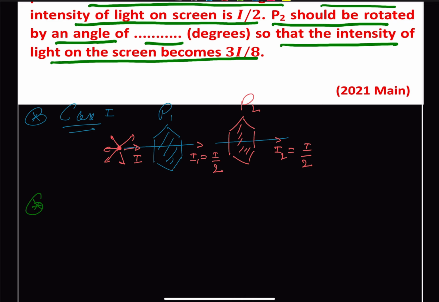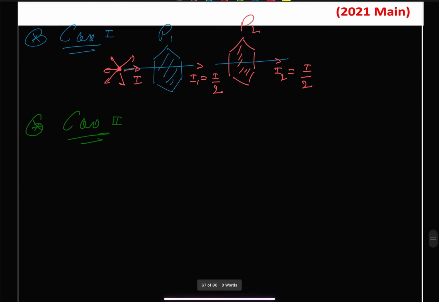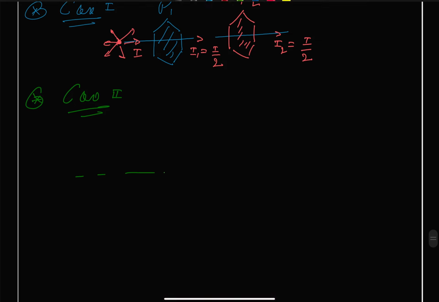For case 2, we can just draw the same figure. So we have two polarizers. This is P1, and now the second polarizer is rotated by an angle of phi.